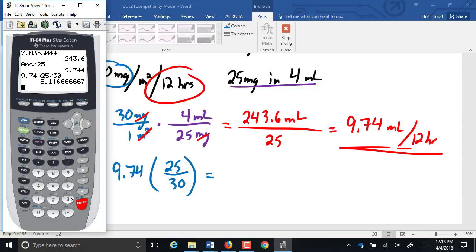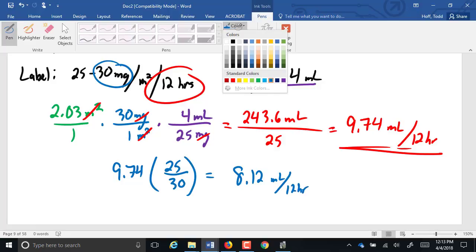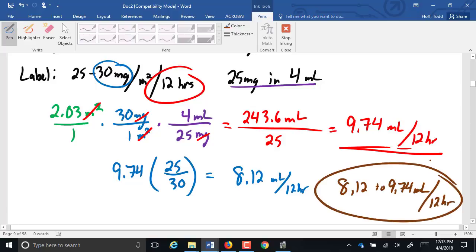Gives us the low end of 8.12 milliliters every 12 hours. So 8.12 to 9.74 milliliters every 12 hours is the range of safe dosage for that patient.